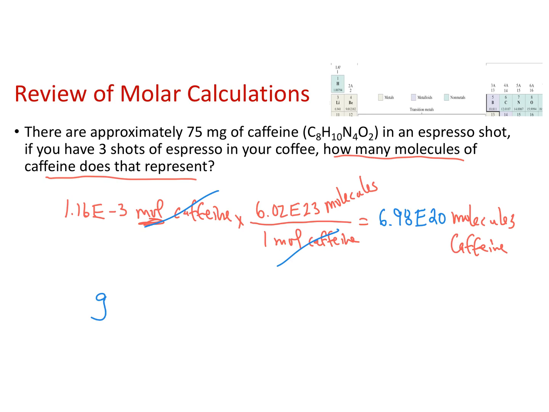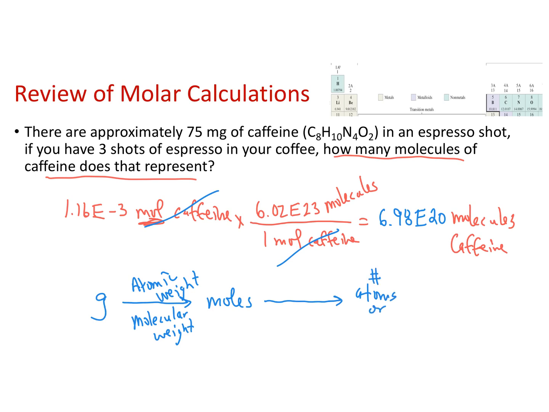So what you should be very familiar with, and these are the steps that we're working with here, if I give you grams of a sample, how to convert that to moles. We would need either the atomic weight, if it was an element, or the molecular weight if it was a molecule. Once I have moles, to determine the number of atoms or molecules, I want to use Avogadro's number.